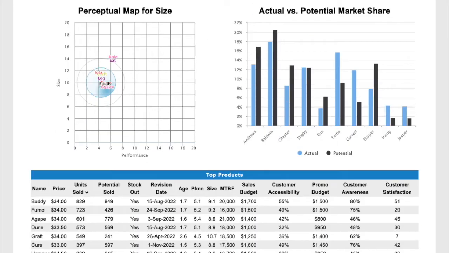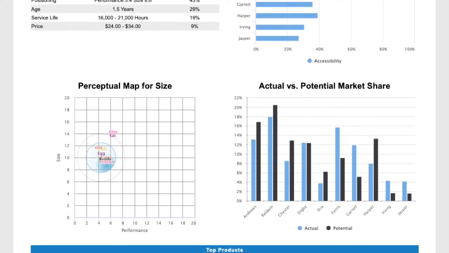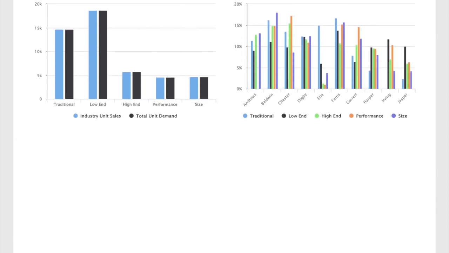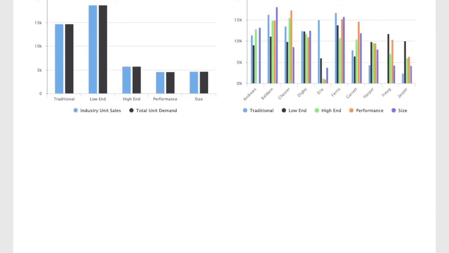Okay, so that's the product size and market share. I want to say that your industry looks pretty good. Some of Team Baldwin and Ferris may be selling more altogether in the whole market, but it looks like every one of you has done a pretty good job in selling your product.